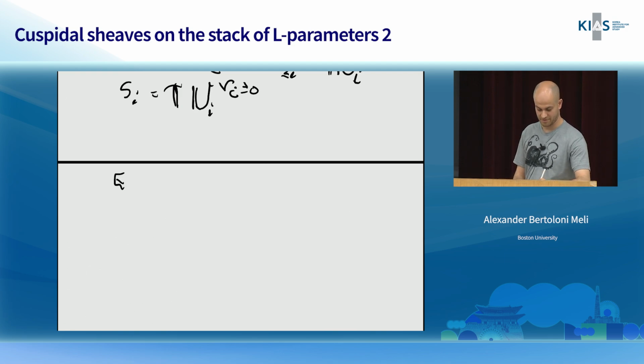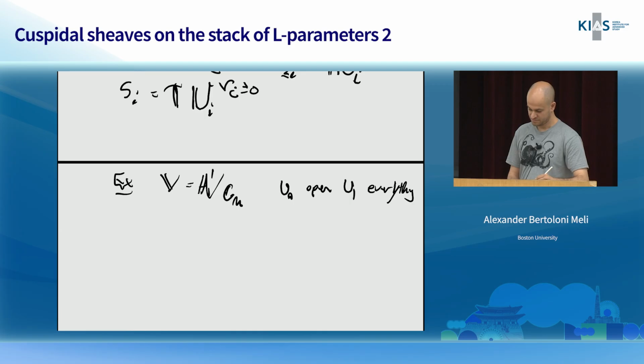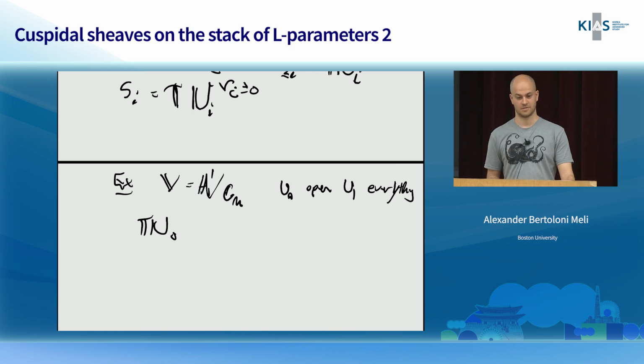All right. And so I'll give an example. If V is this A1 mod GM, then U0 is the open orbit and U1 is everything. So there's only two orbits. Yeah. So it's the Steinberg orbit.